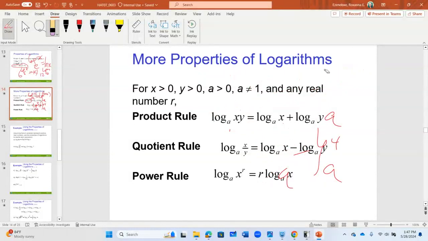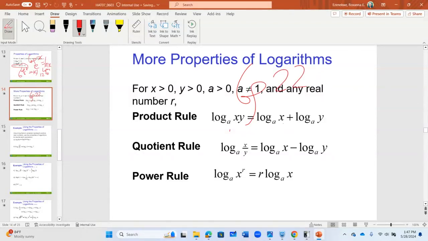We're going to see more questions on this. If I have 22, log of 22 to any base, let's say base B, I can rewrite it as log of 2 to base B plus log of 11 to base B, because 2 times 11 is 22.